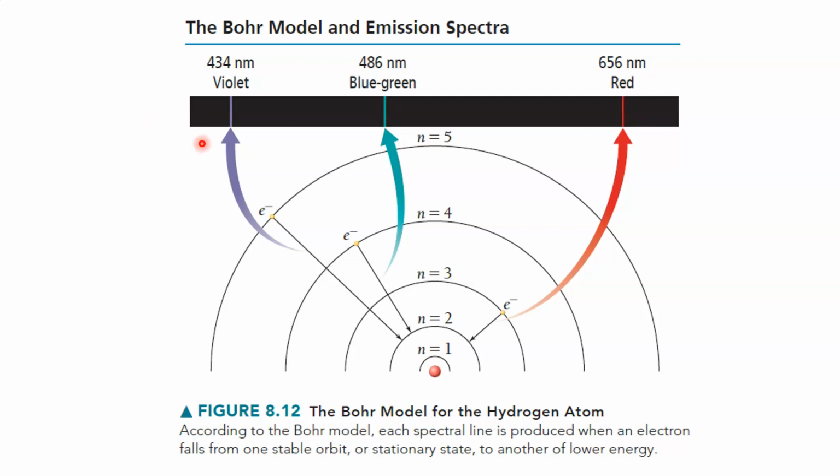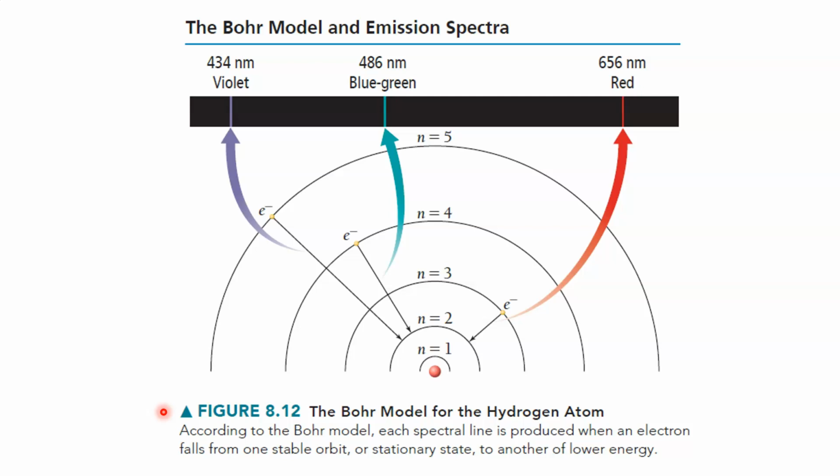If you were to put the hydrogen light through a slit, you would see a violet line, a blue-green line, and a red line. And those correspond to electrons jumping between discrete energy levels. Okay, so again, this observation of these quantized levels is what led Einstein to think, there must be some sort of particle behavior for light.